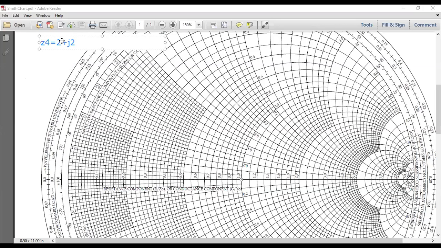Okay. Now, can you tell me how to plot? Where is 2? This 2 is in the horizontal line. So where is 2? Over here. 2 is here.